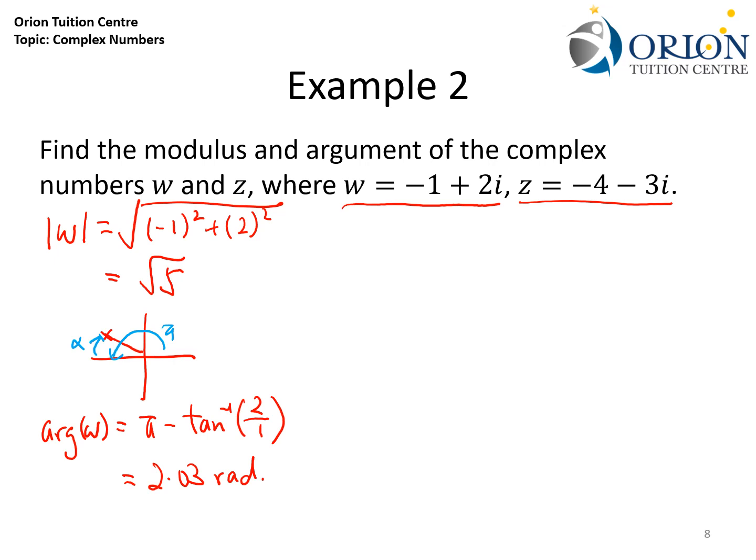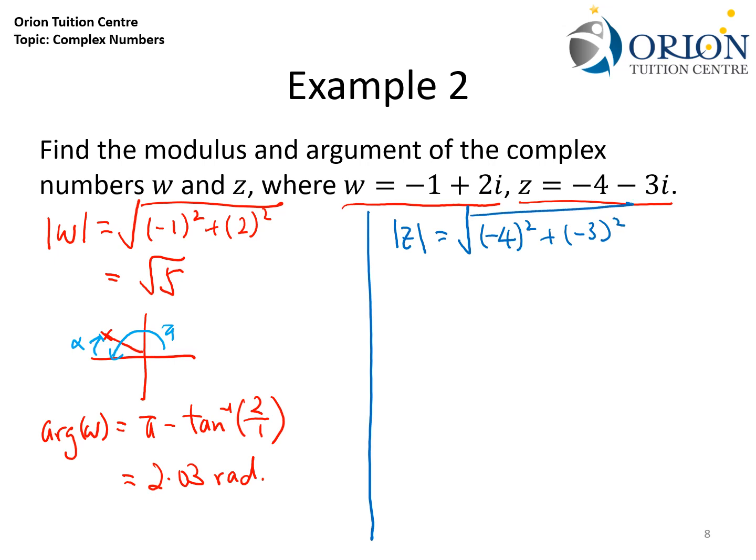Next, for z, we can do the same thing. The modulus of z will be square root of negative 4 squared plus negative 3 squared, and this gives us 5. And we can also draw an Argand diagram to locate z, which is going to be in the third quadrant, and therefore, to calculate the argument of z, it is going to be negative pi plus alpha.